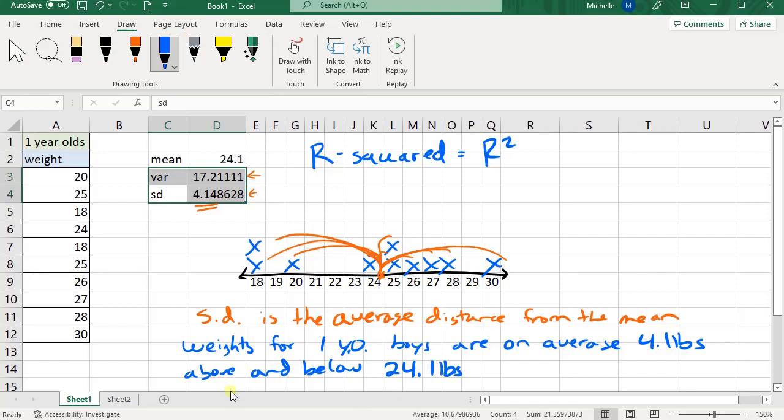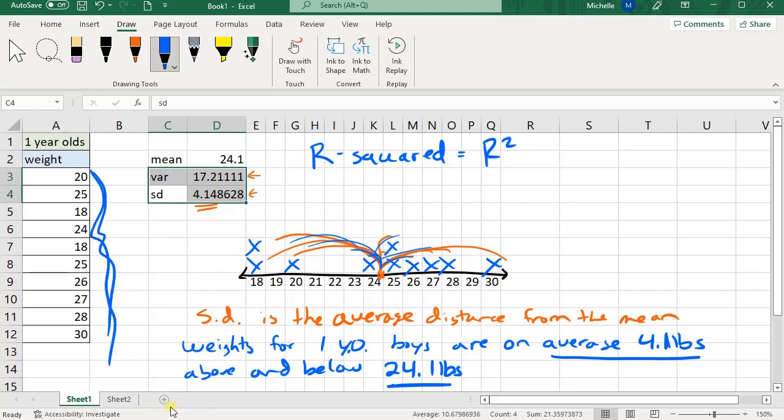Because some are much more and some are much less, they are on average 4.1 pounds above and below our sample mean of 24.1. So that's basically explaining the spread of this data: how much above and below the mean these data are.